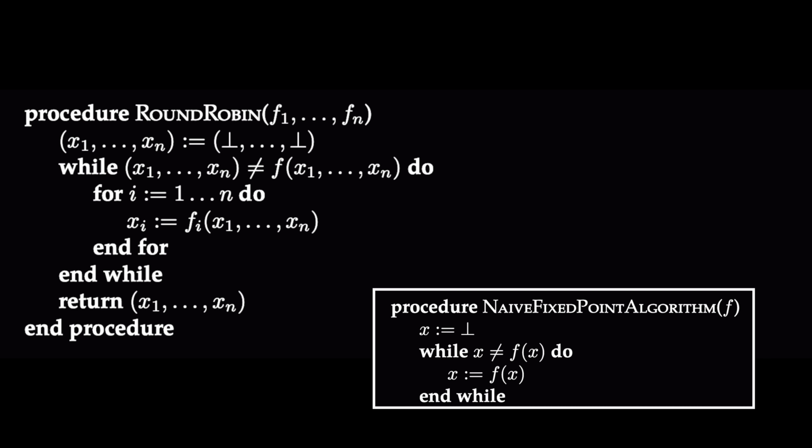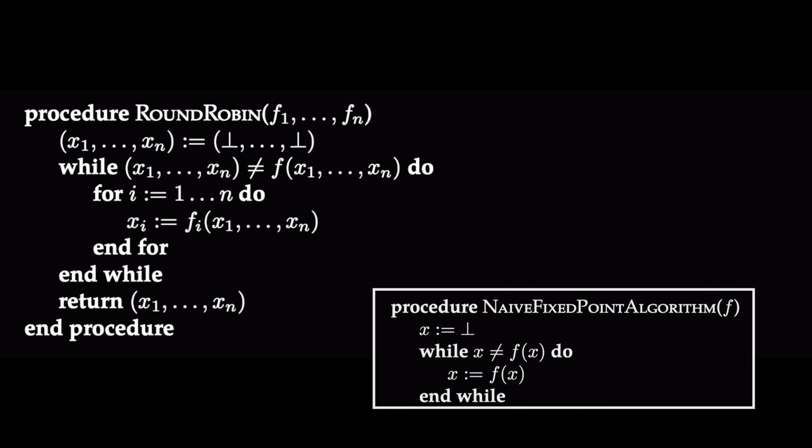The round-robin algorithm makes use of the fact that each constraint function can depend on only a subset of variables and will remain unchanged for most iterations. The round-robin algorithm performs the computation differently, but in the end it'll still give you the same result as the naive fixed point algorithm.